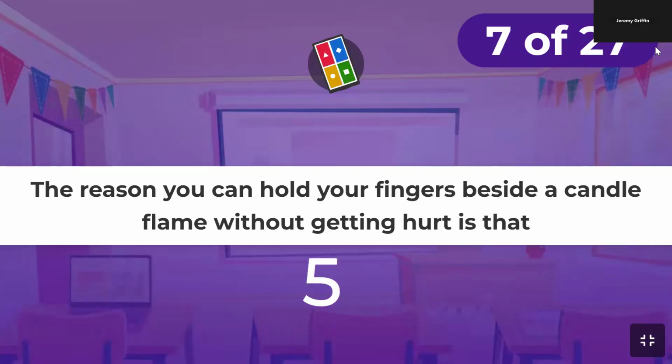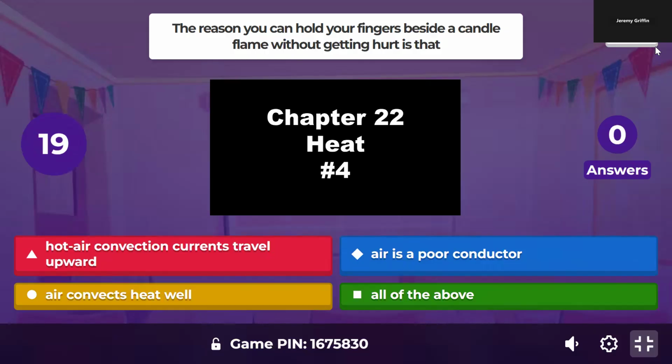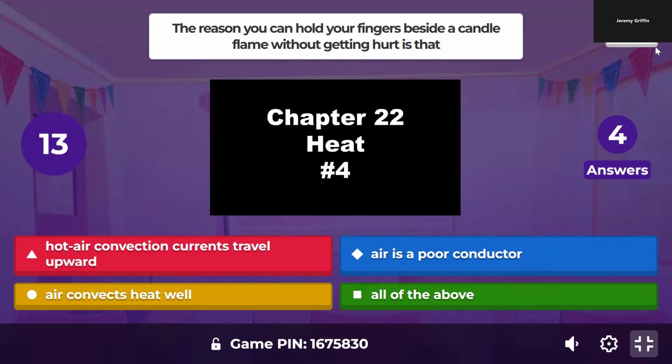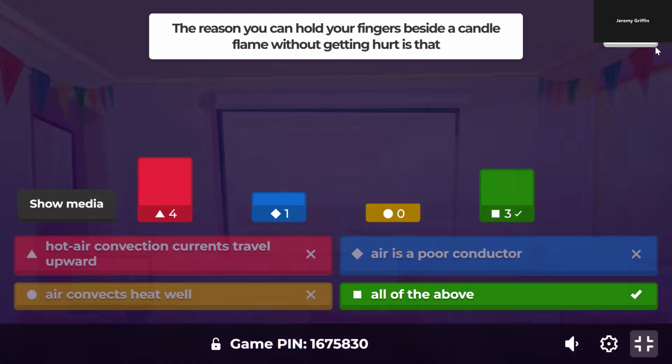The reason you can hold your fingers beside a candle flame without getting burnt. Yeah, all those facts go hand in hand.